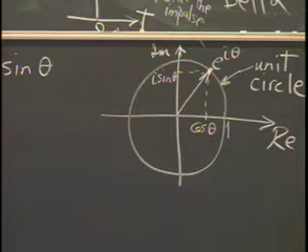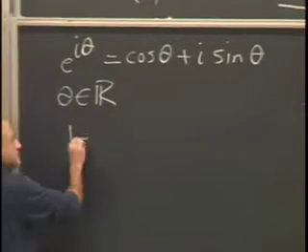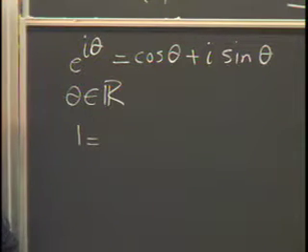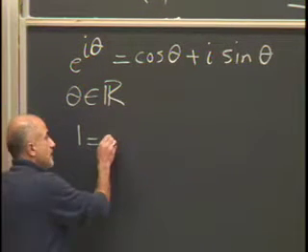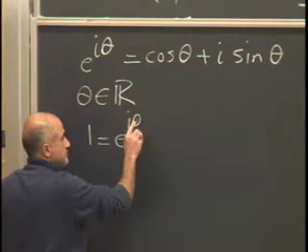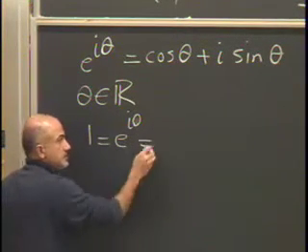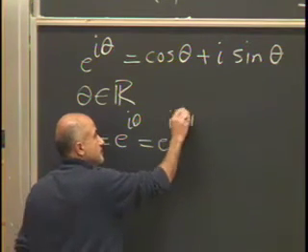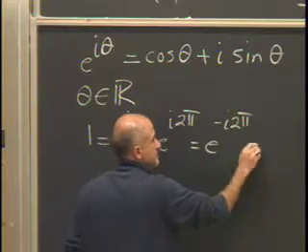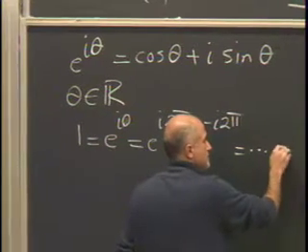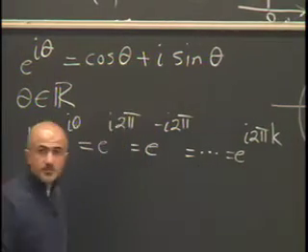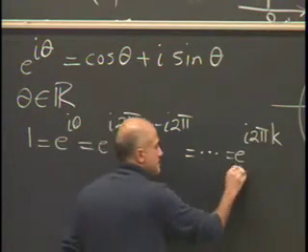For example, the number 1, if I were to write it in terms of a complex exponential, how would I write it? e to the I0, or e to the I 2 pi, or e to the minus I 2 pi. In general, e to the I 2 pi k, where k is an integer.